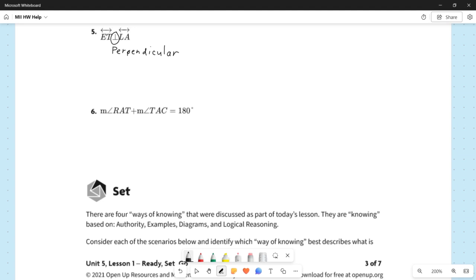So anytime you see this symbol, looks like an upside down capital T, that's the symbol for perpendicular. And again, perpendicular lines intersect at a right angle, which measures 90 degrees. So if I want to draw this, I'm going to draw a line.